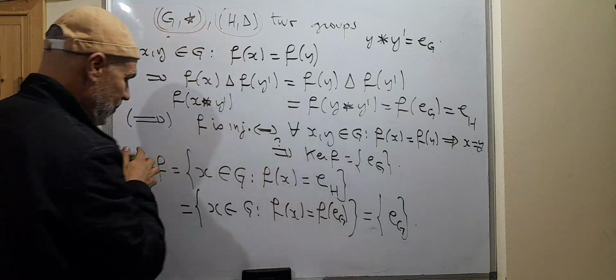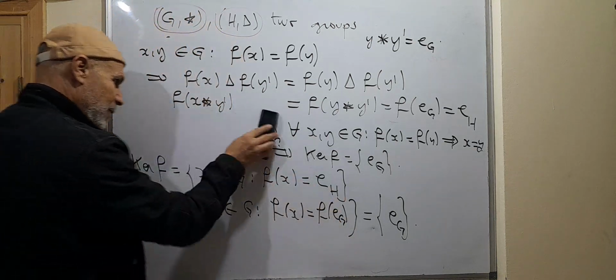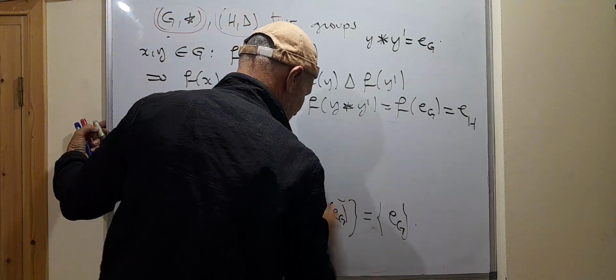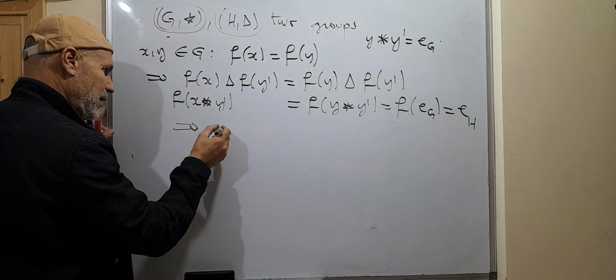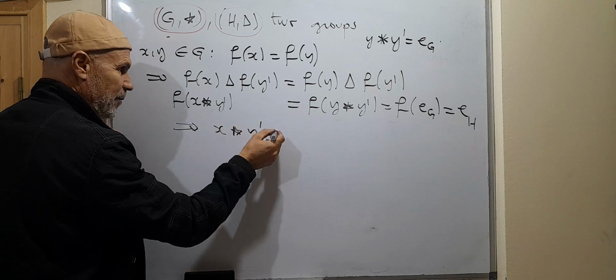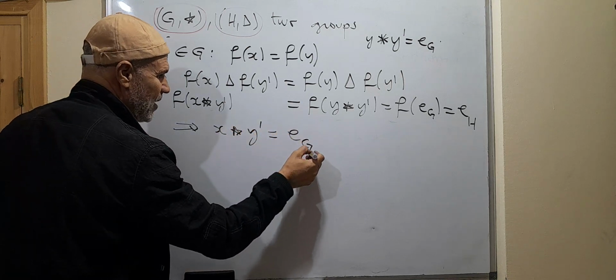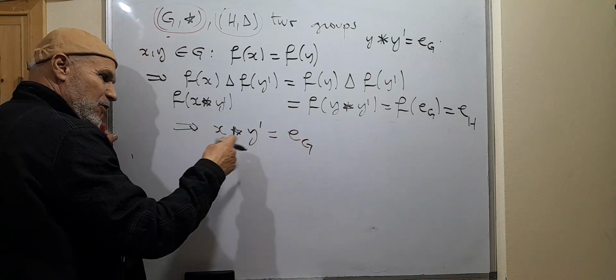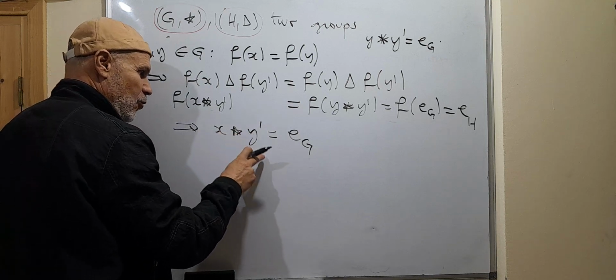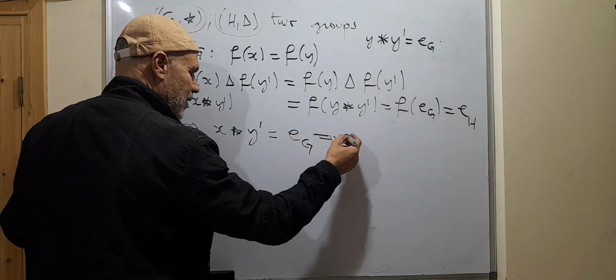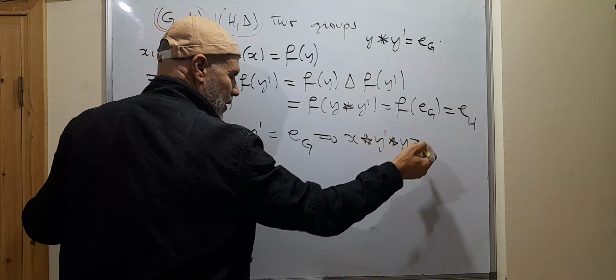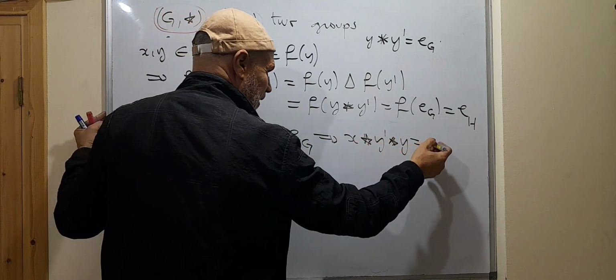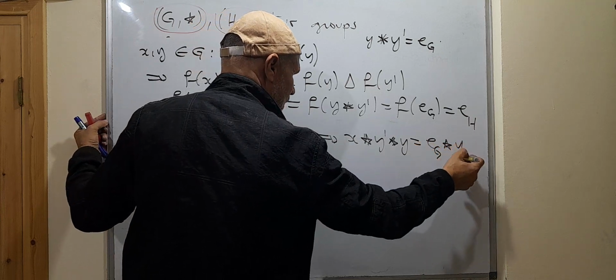Using this, it implies that x * y prime equals e_G. If we compose both sides by y, we get x * y prime * y equal to e_G * y.